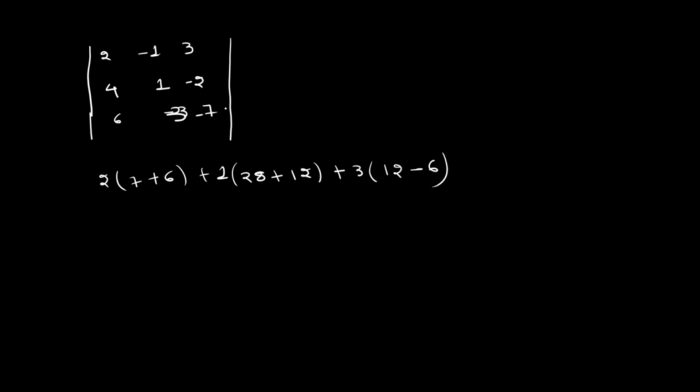I'm very sorry, here it is minus 7 actually. So minus 7 minus 28, and the determinant of this is also equal to 0.